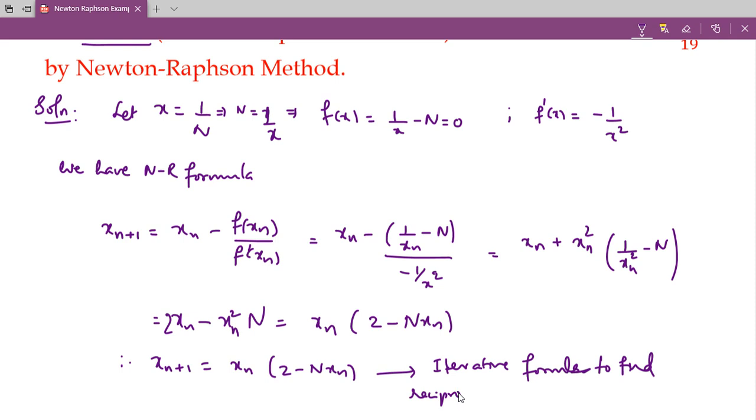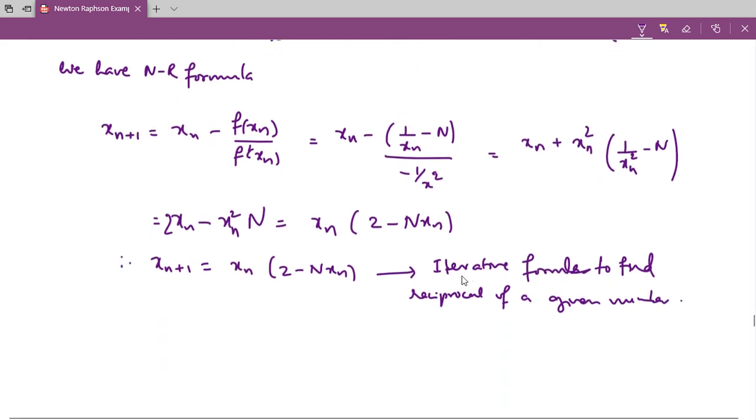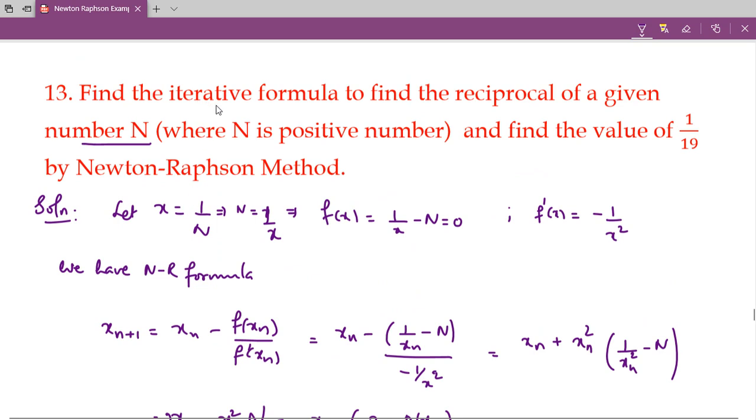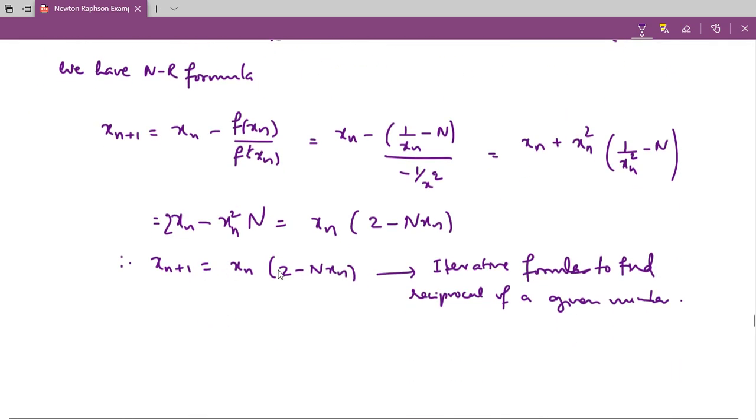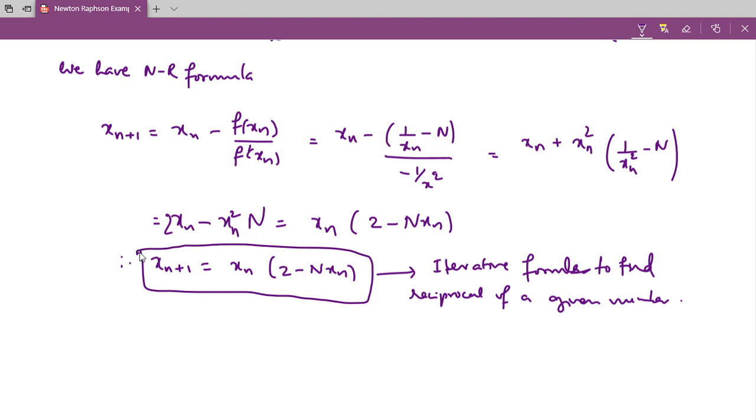What they have asked is to find the iterative formula to find the reciprocal of a given number, and we have got the formula, that is x(n+1) is equal to xn into 2 minus n xn. So what is the next question?